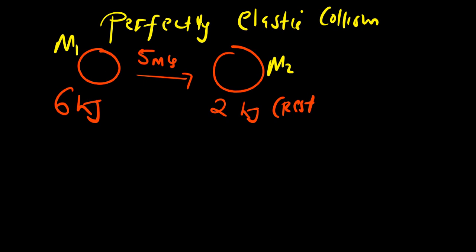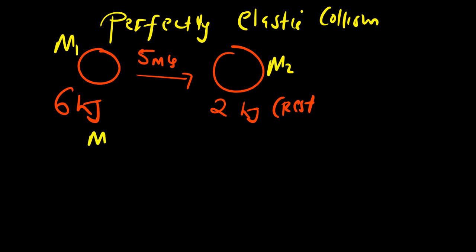Let's say what is going to be the velocity for the second ball? How are we going to solve that? Because they've said elastic, momentum is conserved. So what are we going to have?